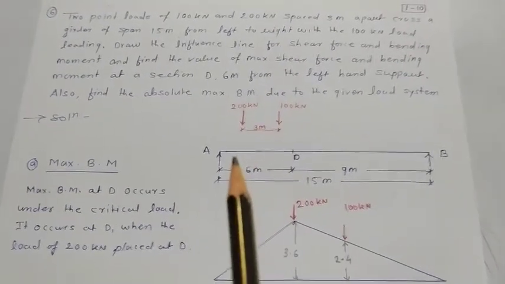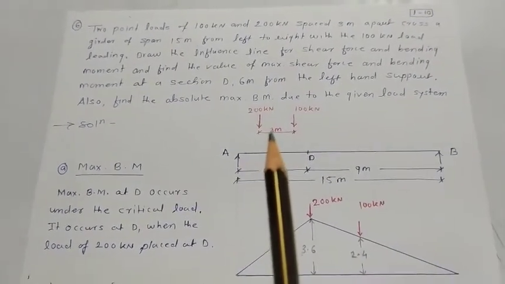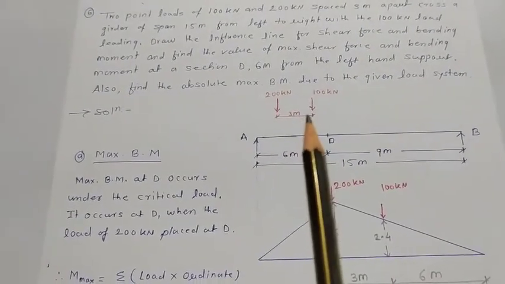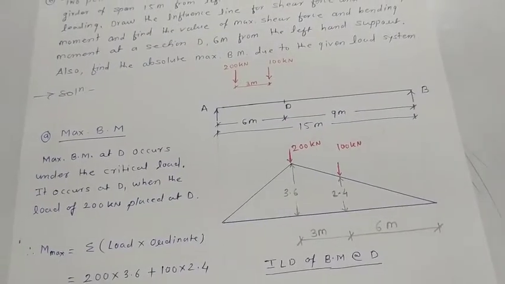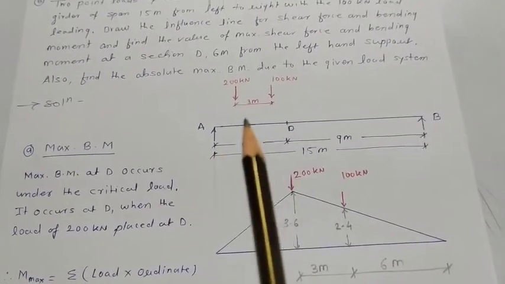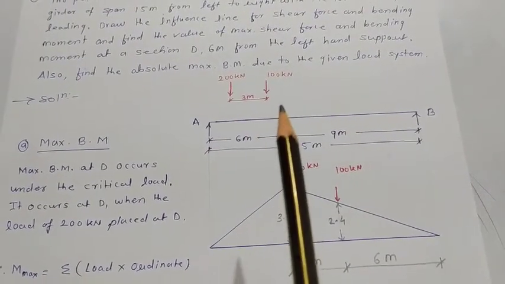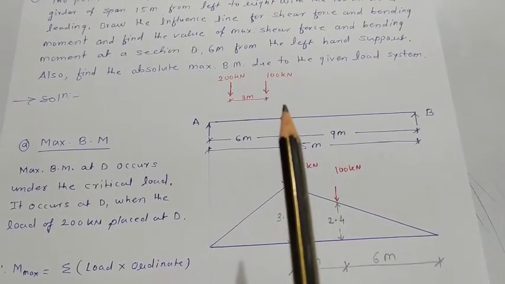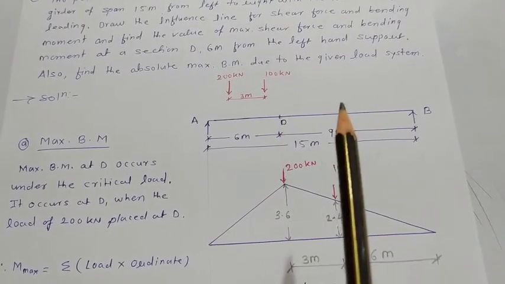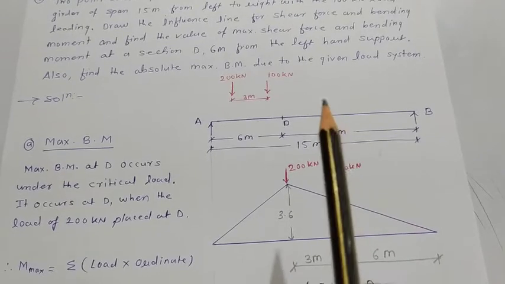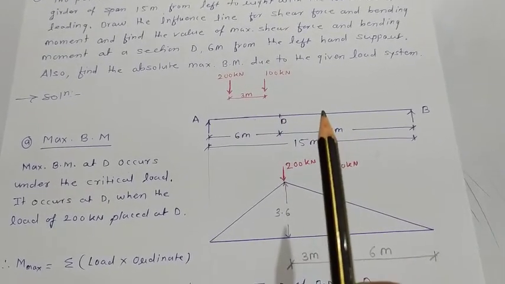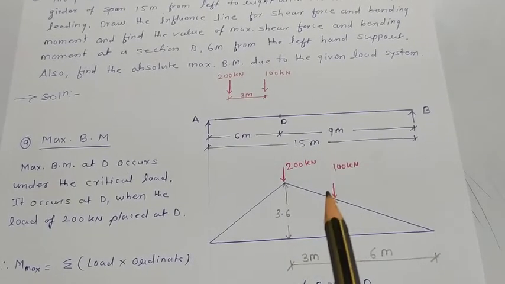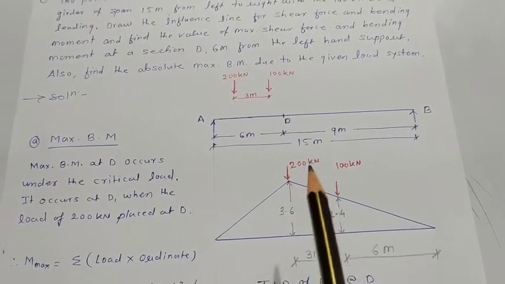Now this one is the traveling load, so we have to place this load so that the bending moment will be maximum, okay. If you place the 200 kilonewton load over point D, the 100 is automatically 3 meter away. We place 200 at D, so the 100 kilonewton load will be at this point, okay.